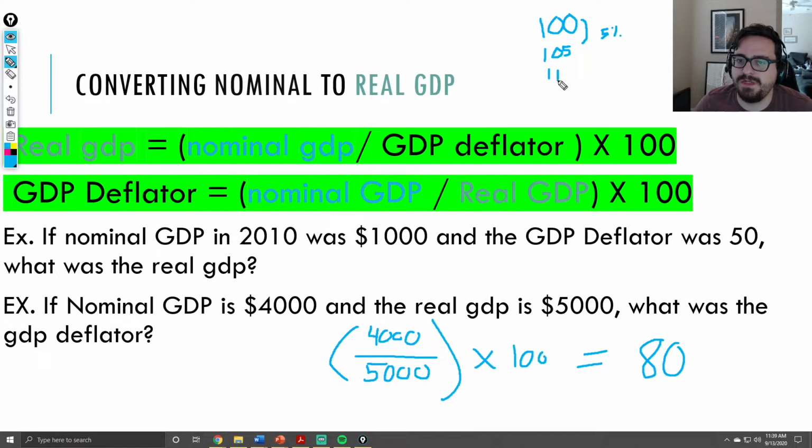If I find that it's 110, it means prices have gone up by 10%. If I find that it's 80, it means prices have gone down by 20%. Which should make sense, because if the nominal GDP is 4,000 and the real GDP is 5,000, well, what's 80% of 5,000? 4,000. Okay, it means that prices have gone down by 20% in this year.